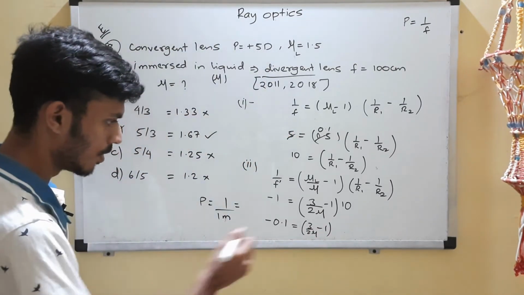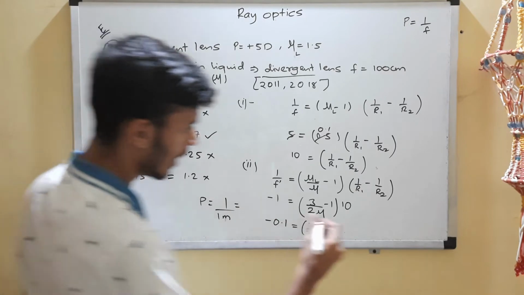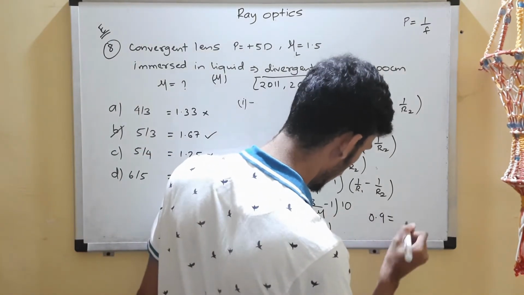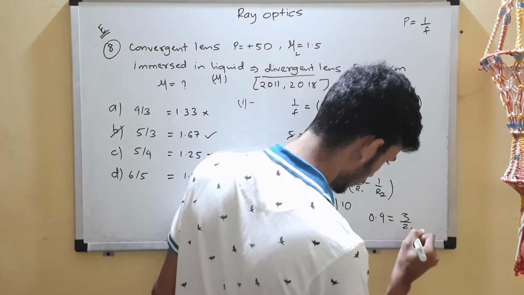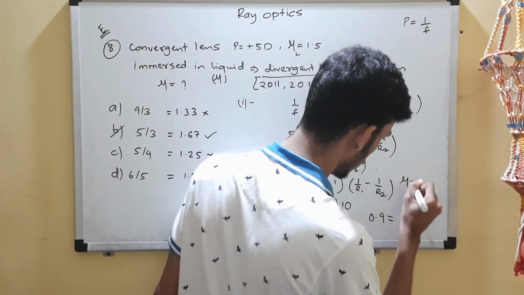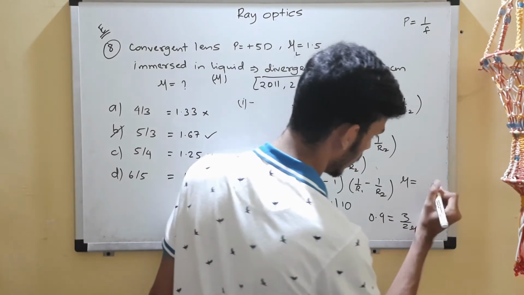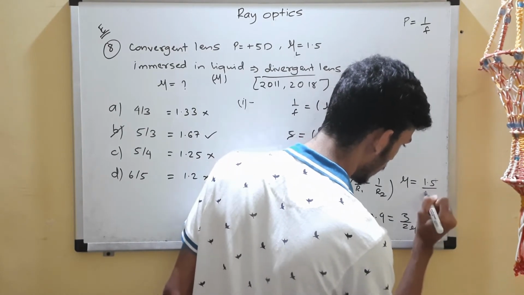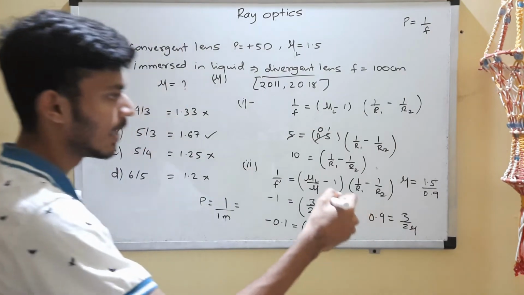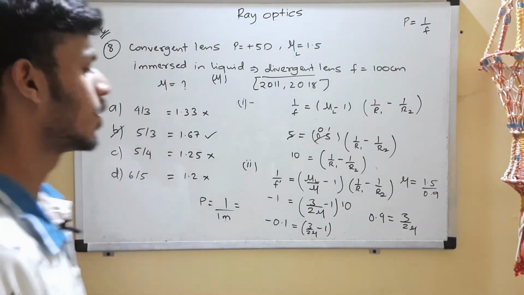You can get 1 to this side, that will become 0.9. 0.9 is equal to 3 by 2 mu, or you can get mu onto this side, that will make 1.5 divided by 0.9, so the answer will be greater than 1.5, which is 1.67.